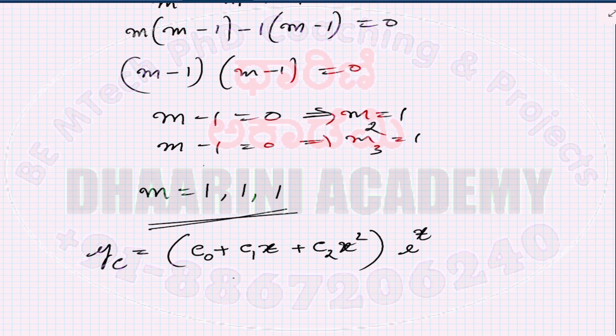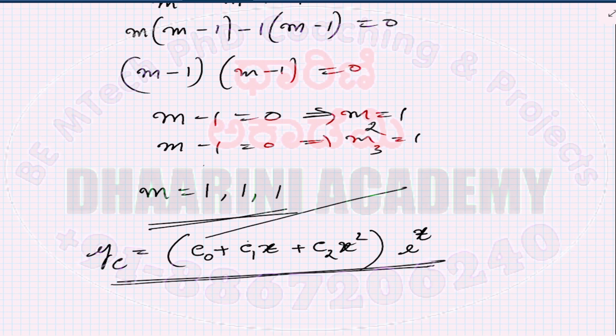This is my answer. Okay, but this is not a complete answer because there are some unknowns here. C0, C1, C2 are unknown. I don't know. All right, so how to find that, right? In order to find the values of these unknowns, I am supposed to use the extra values given in the question.